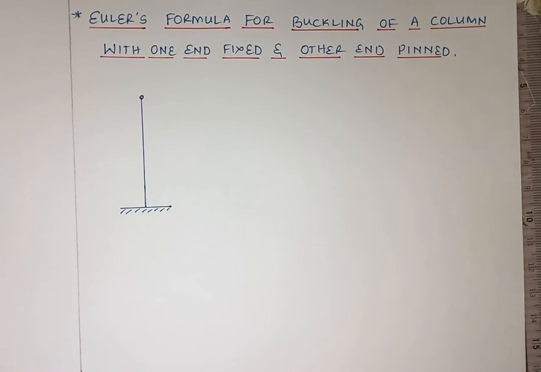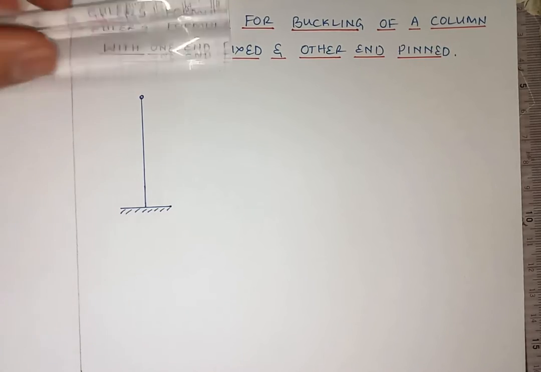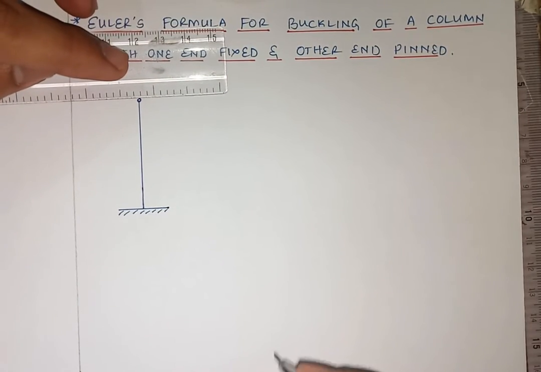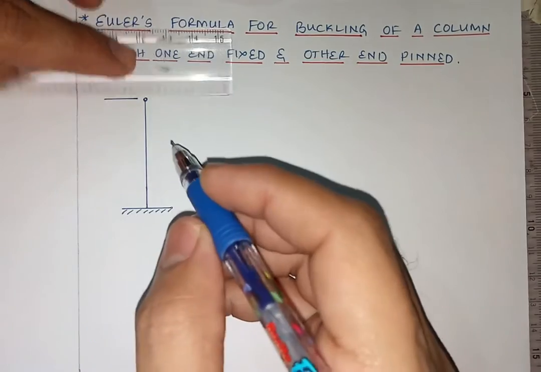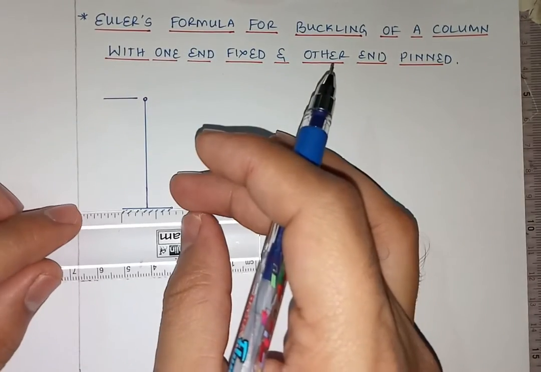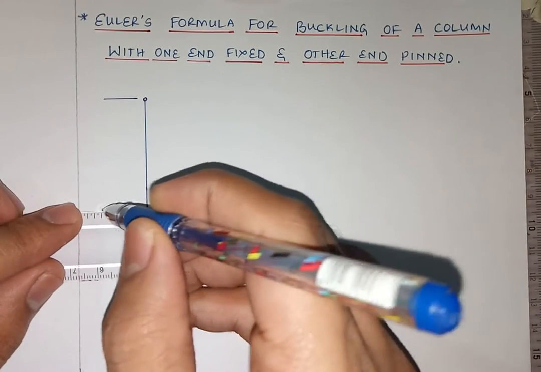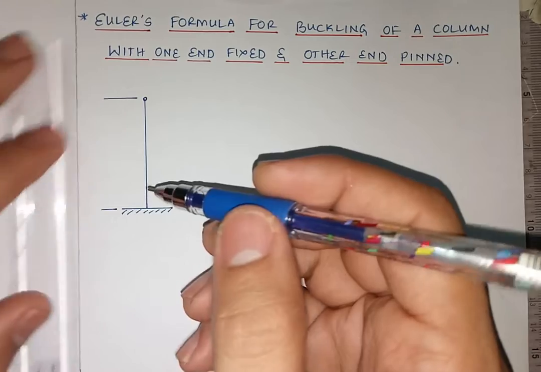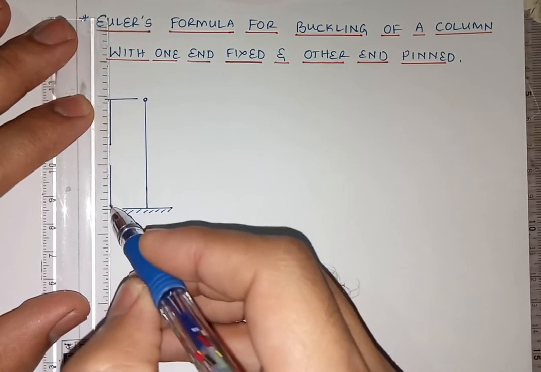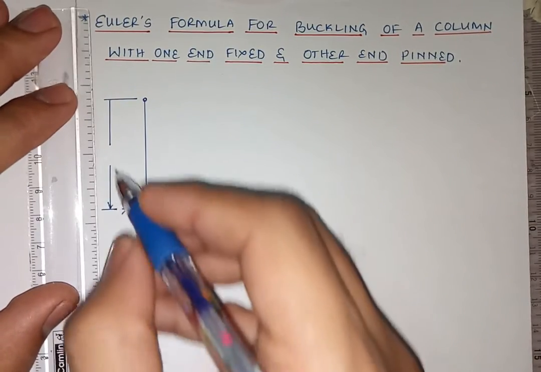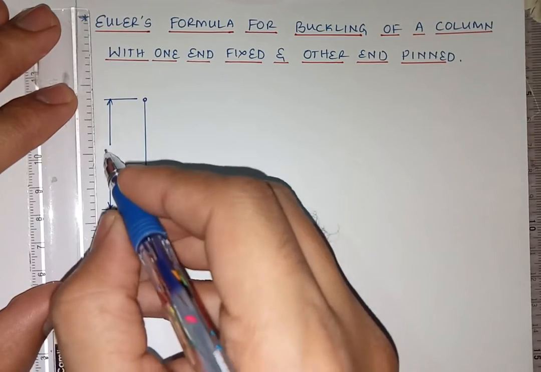Now let us say the total length is L. I'll extend this so that it is convenient for me to mark the lengths. So the total length here is L.